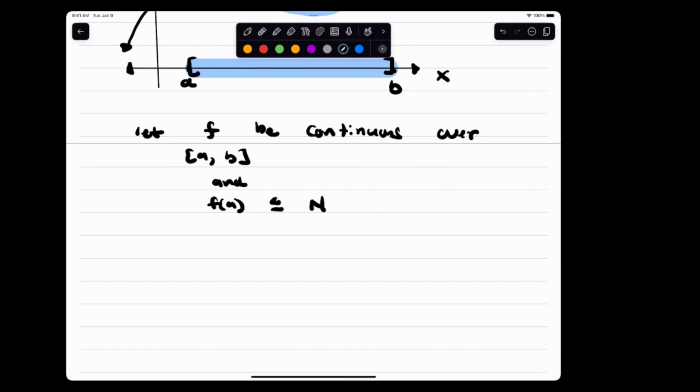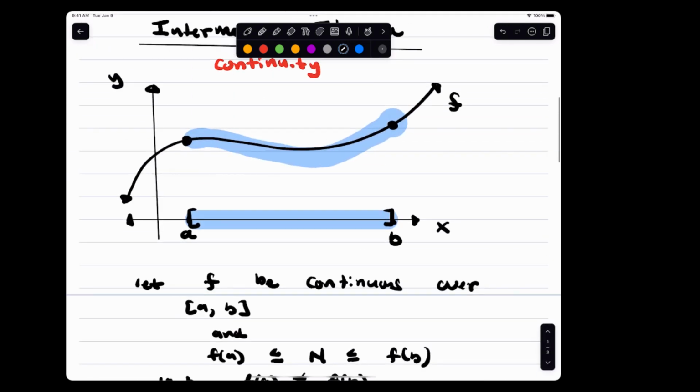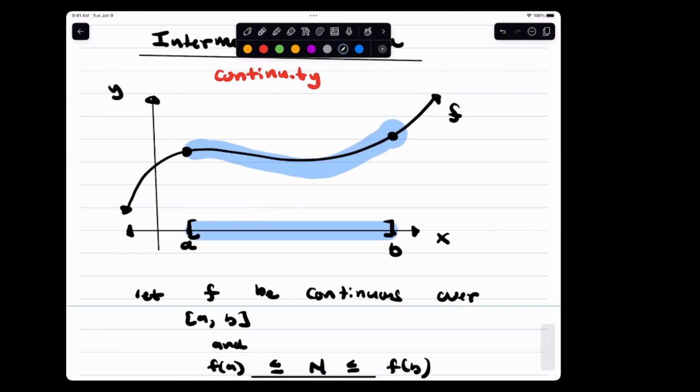So here's the deal. f of b. So this N is between f of a and f of b, with these outputs not equal to each other. Okay, so let me show you guys what they mean by that, right? So this really here is the location of f of a. And I didn't draw a nice enough curve, but okay. I'll say this is where f of b would be.